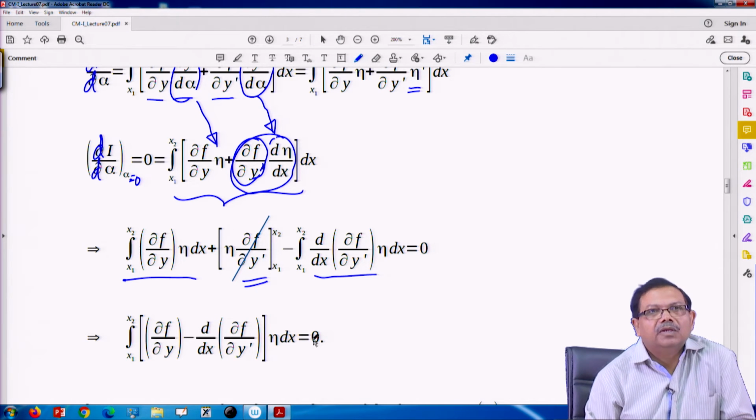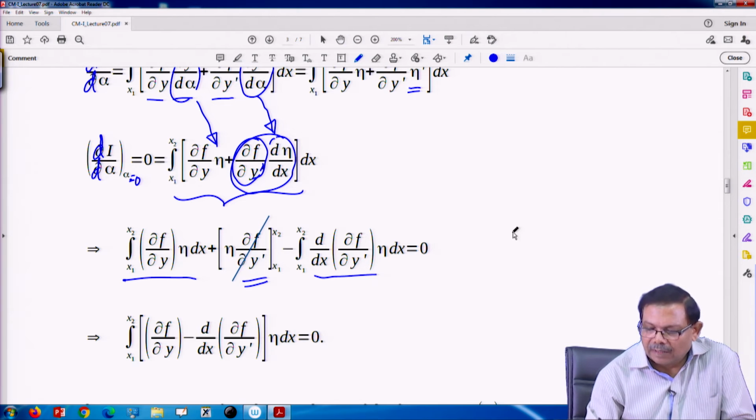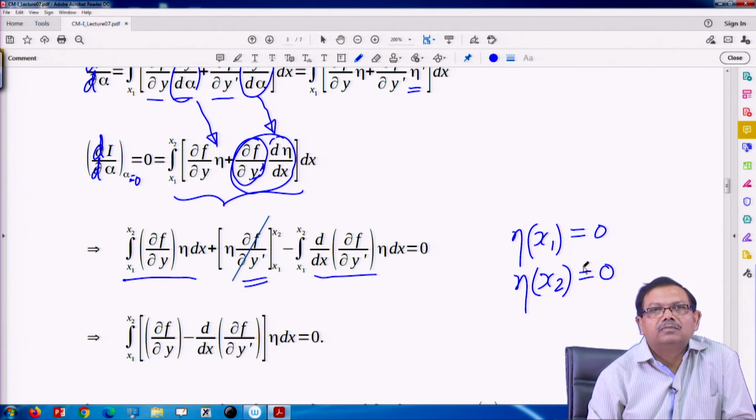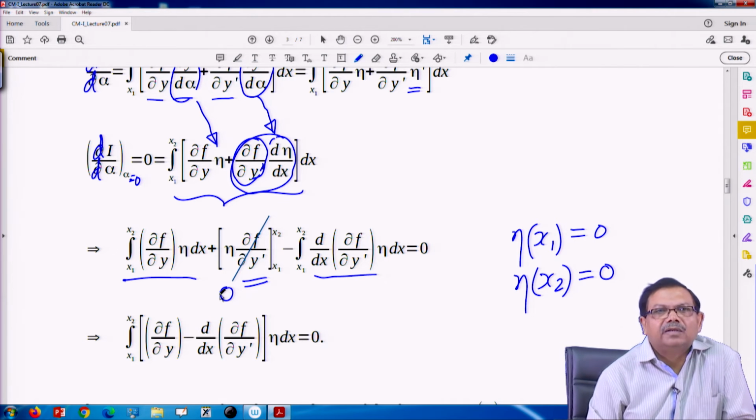So, that is equal to 0. But eta at x equal to x1 is 0, and similarly eta at x equal to x2 is 0. This is a condition we have to follow, because all the curves have to pass through those two endpoints 1 and 2. So, this term is 0, that is why it is cut.